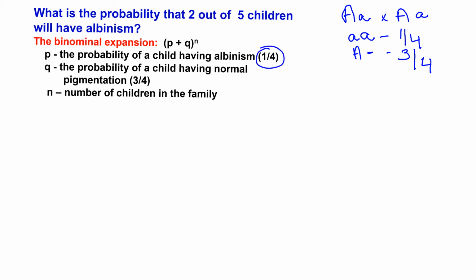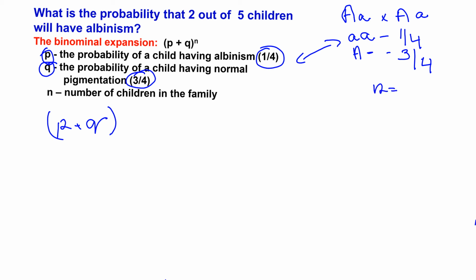So now let's construct the binomial P plus Q, and you expand it, or raise it to the power n. What is n? n equals the number of events. The number of events here is 5. We are looking at 5 children, so there are 5 events. So it would be (P plus Q) to the power of 5. Now, how do you expand it?